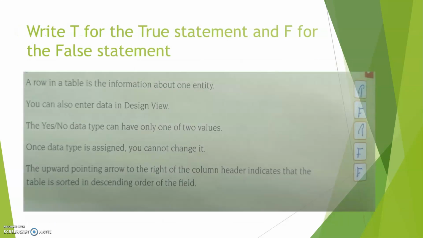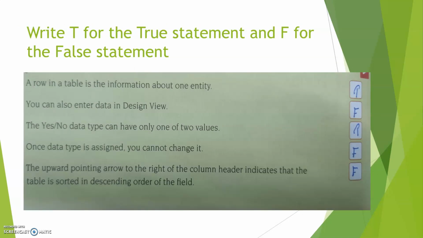Okay. So next we are going to see write true for the true statement and false for the false statement. The first question is, a row in a table is the information about one entity, whether it is true or false. A row gives information about any one data, right? For example, listen, in a row I am typing your data.